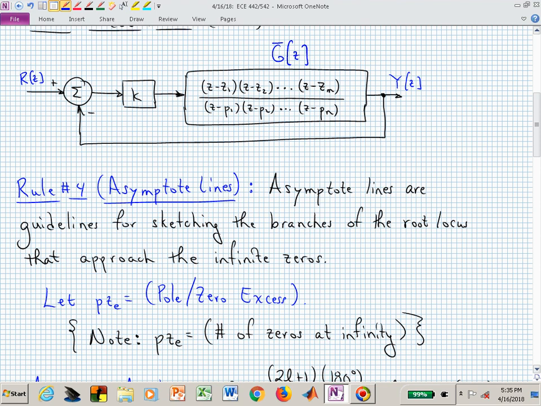Someone has asked me about infinity, and I hope it's clear. I've just sort of assumed that it was clear, and maybe it wasn't. If this is our z-plane, where is infinity?